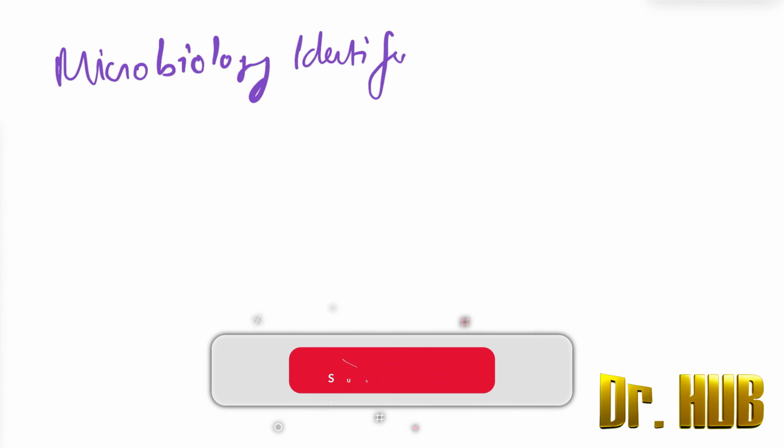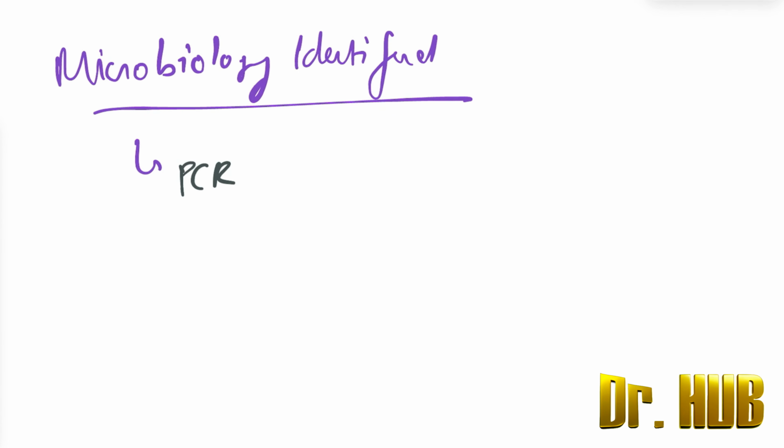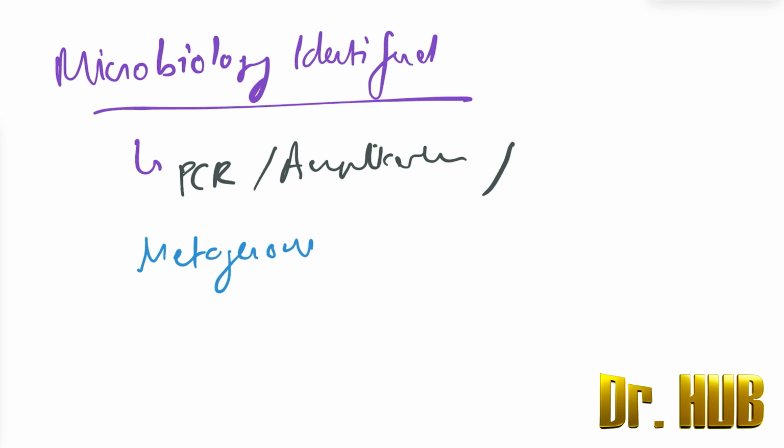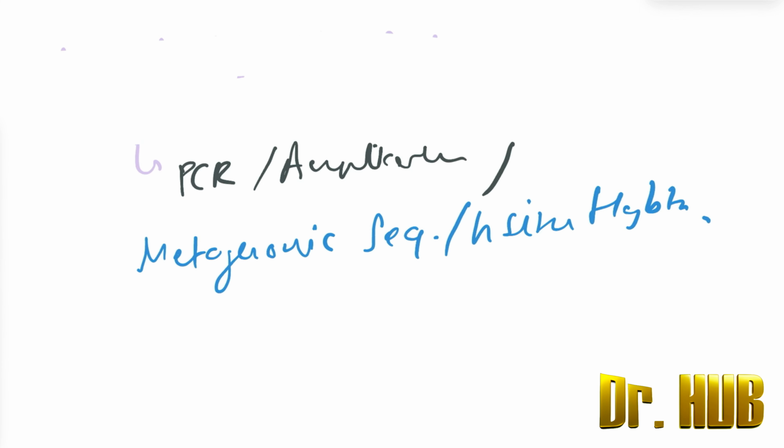It is identified by PCR and the amplicon and metagenomic sequencing, as well as in situ hybridization. This was the pathological criteria. Next, we'll be looking at the clinical criteria.